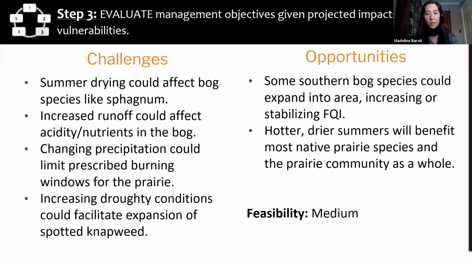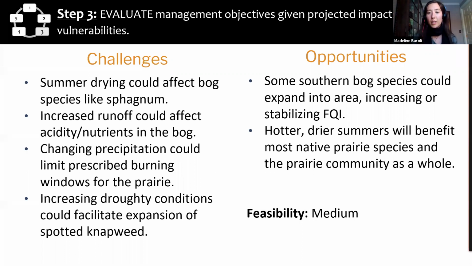They knew dry summers and increased runoff could reduce bog plant diversity. They were also concerned with a shrinking window for conducting prescribed burns, which are a pretty essential component of prairie restoration. And lastly, they were concerned about the expansion of an invasive plant called spotted knapweed.